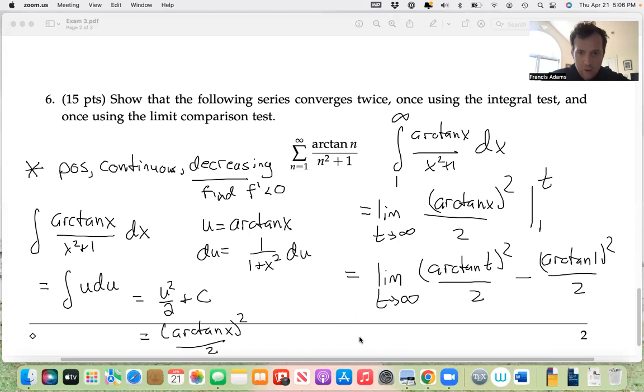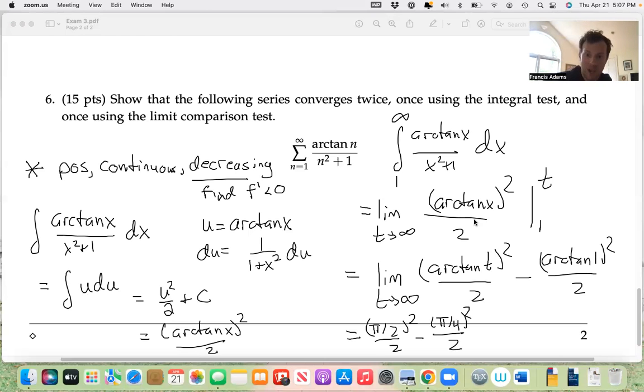And this turns out, we need to do a little bit of trig. This is pi over 2. And arctangent of 1 is pi over 4. Which you can simplify a bit to get what fraction of pi it is.